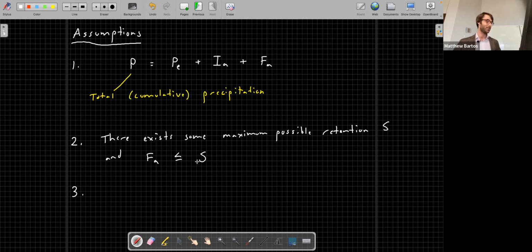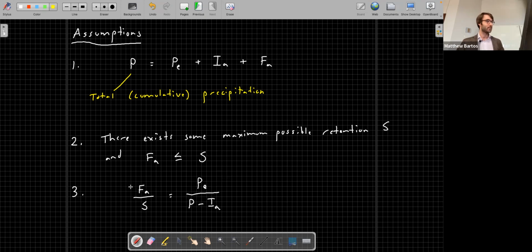So I'll write that out mathematically. The SCS method assumes that FA over S, in other words the ratio of the actual infiltration to the maximum possible infiltration, is equal to the excess precipitation divided by the total precipitation minus the initial abstractions. Okay. So this is a big old assumption.